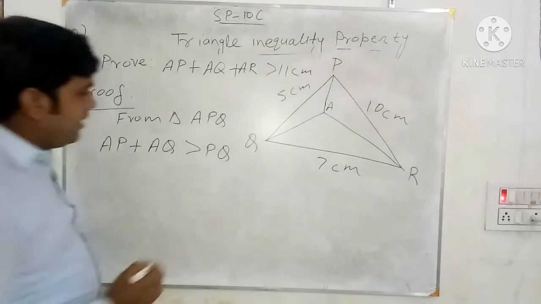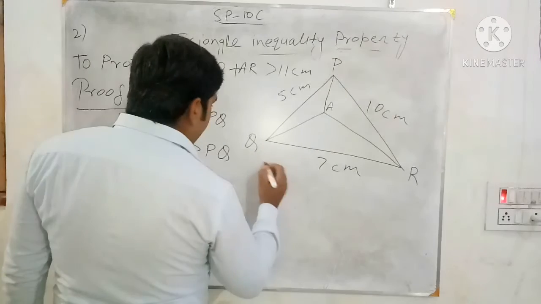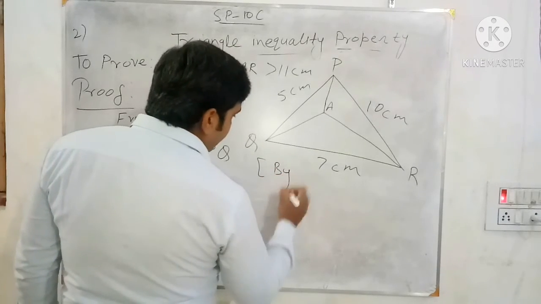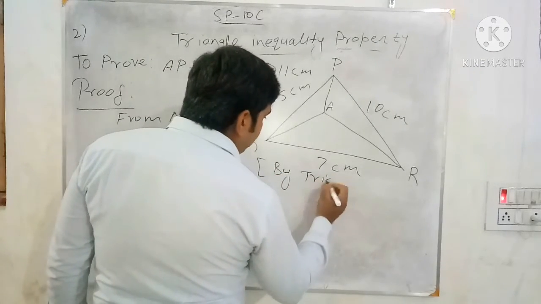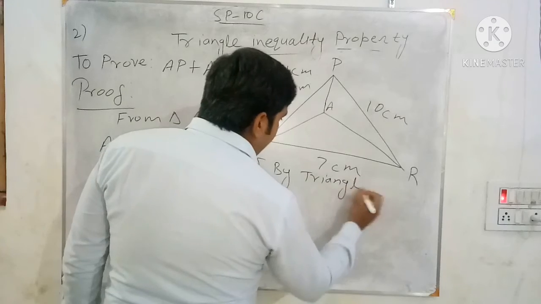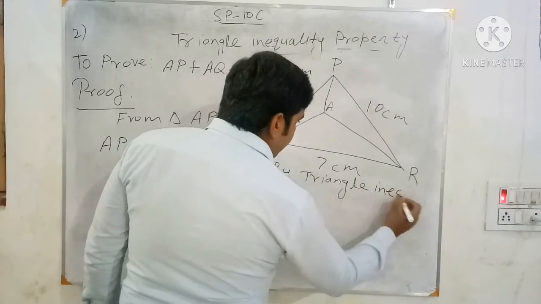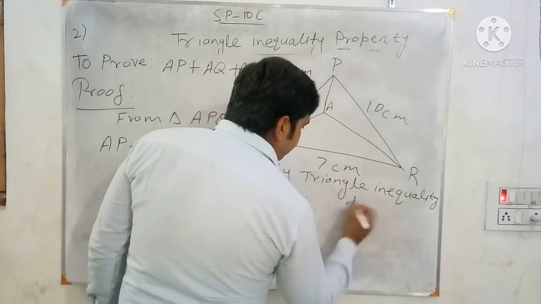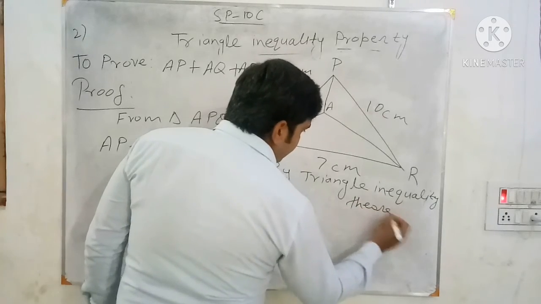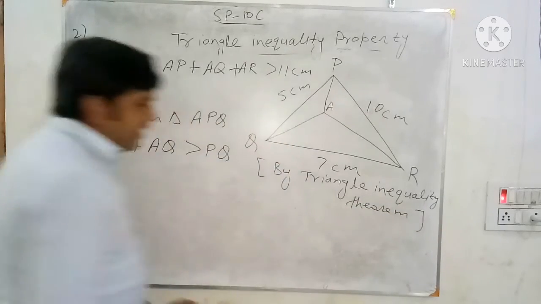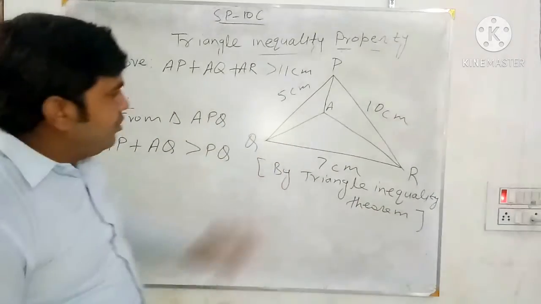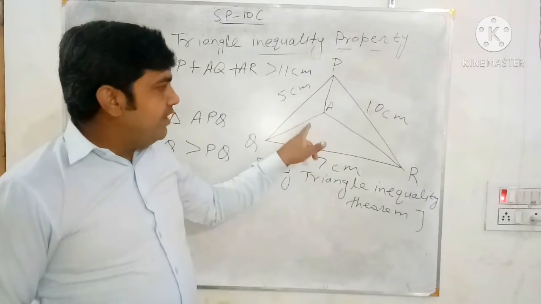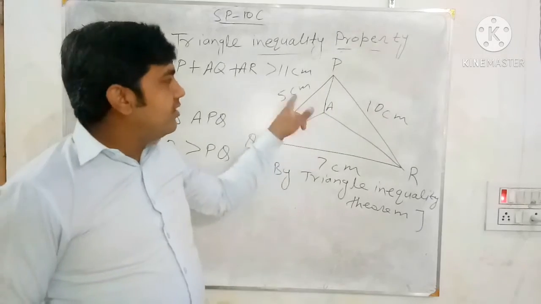And by which reason? By the triangle inequality theorem. So what does the triangle inequality theorem say? That the sum of any two sides of a triangle must be greater than the third side.